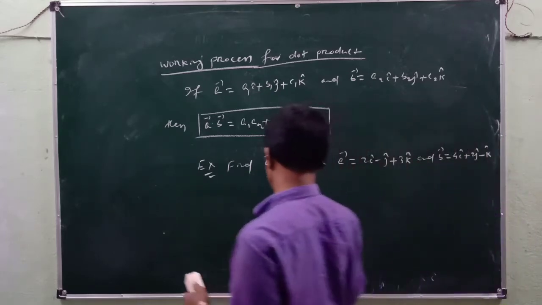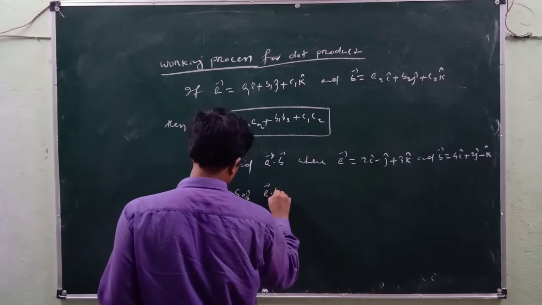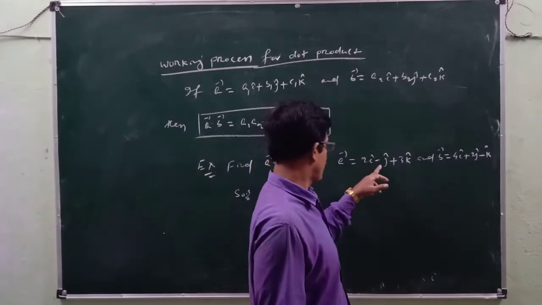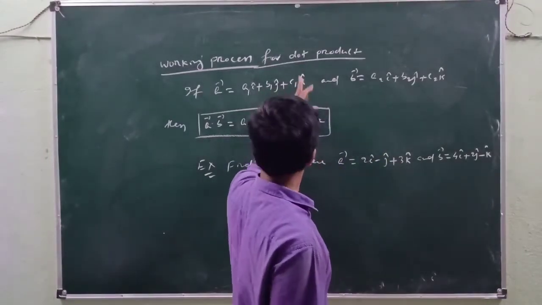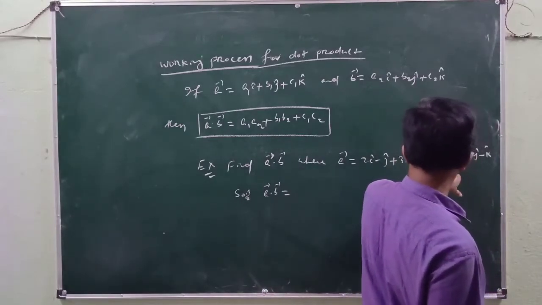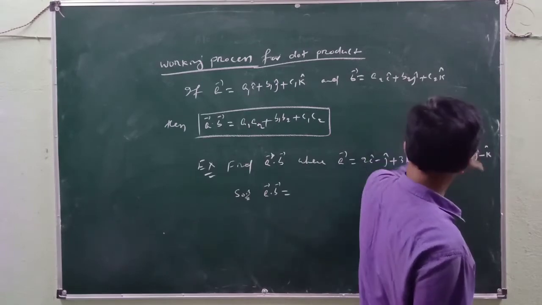In the solution, A vector dot B vector, look, in place of A1 it is 2, B1 it is minus 1 and C1 it is 3. And in B vector, look, the value of A2 is 4, B2 equals 2 and C2 equals minus 1.